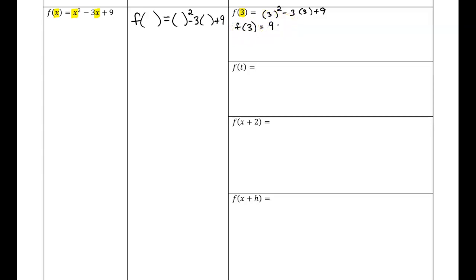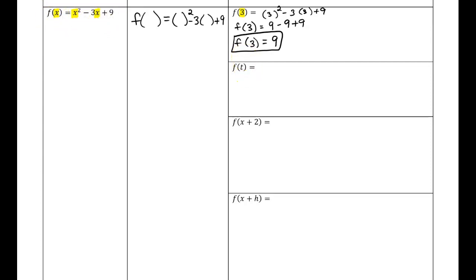So 3 squared is 9 minus, I'll go ahead and do this, 3 times 3 is also 9 plus 9. And when we combine these, I know 9 minus 9 is 0, so that's pretty nice. So that cancels away to 0 plus 9 leaves that last 9 there. So f of 3 is equal to 9 for this function over here.